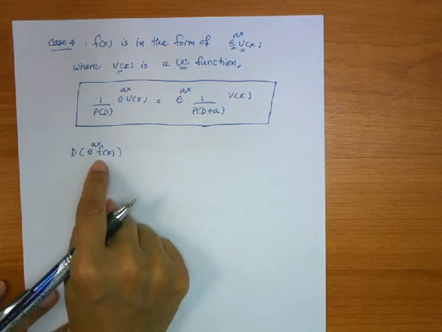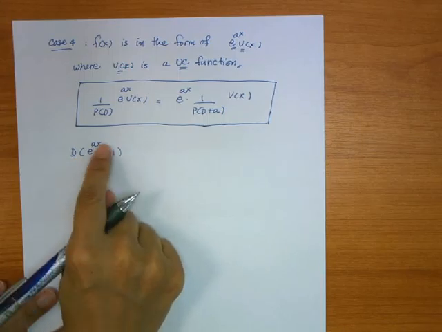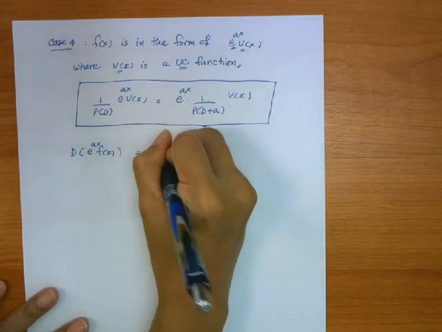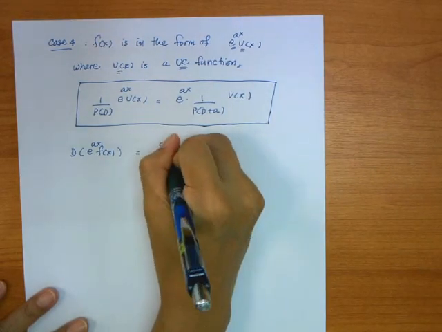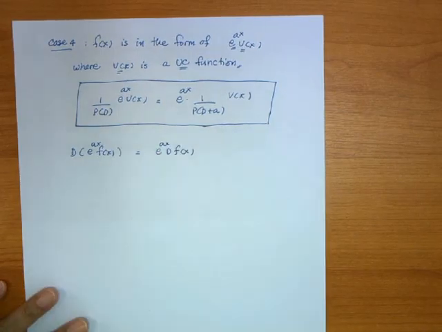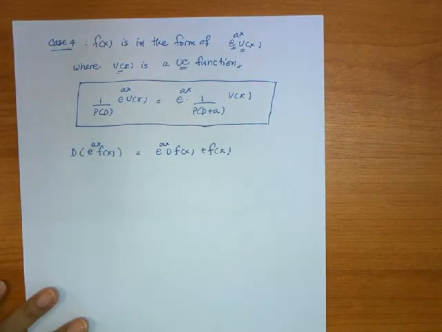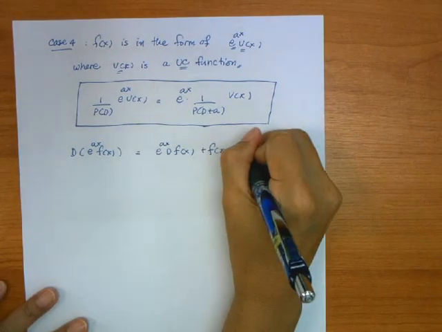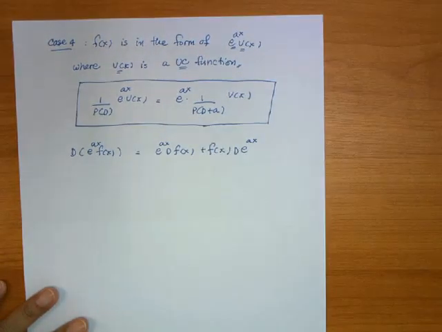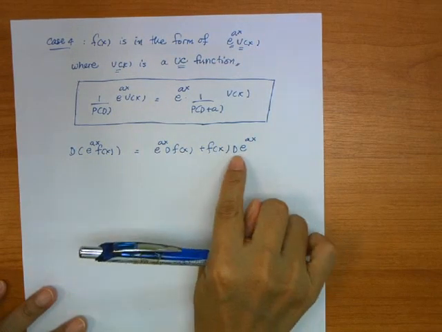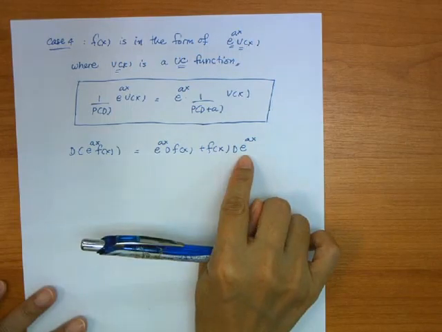So the first derivative of this function is equal to exponential of ax times dv/dx, right? Plus v(x) times the derivative of exponential of ax.